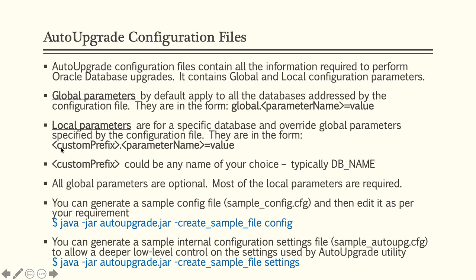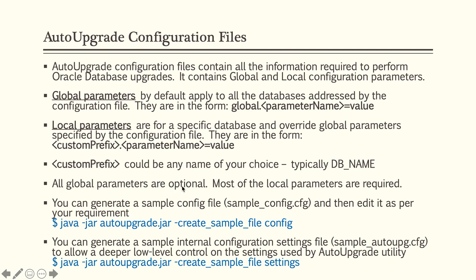Then I might call the first upgrade upg1, and the second upg2. Or you might want to use a custom prefix as the DB name itself. I might call db1 dot parameter equals value, db2 dot parameter equals value. So it's not necessary that a custom prefix has to be a DB name. It could be any user generated label which identifies that specific database within your config file.